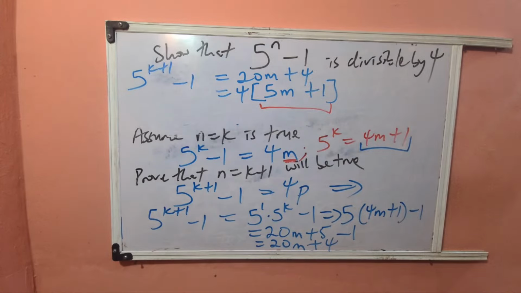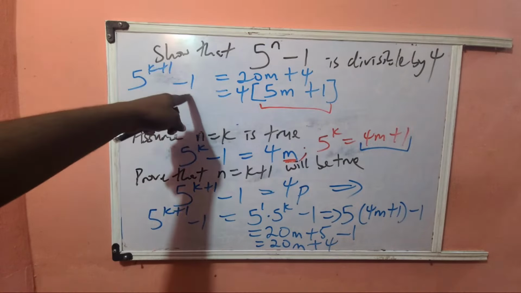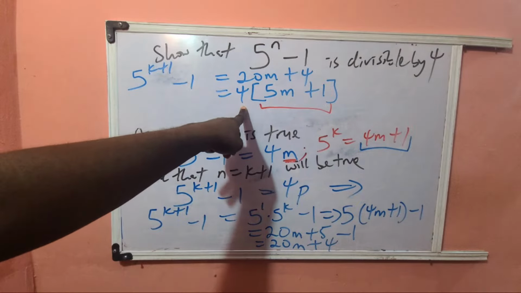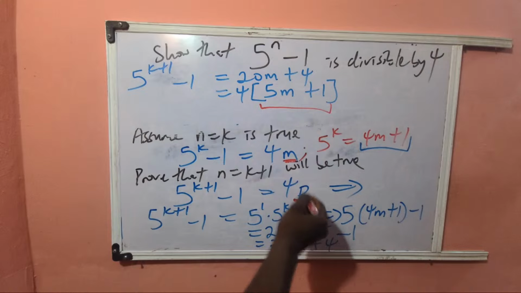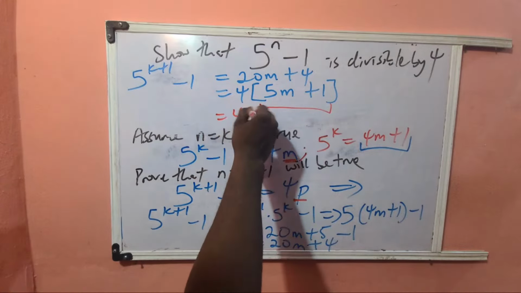So that means I've been able to prove that 5 raised to the power k plus 1 minus 1 is equal to 4 times a particular integer. We can call that integer p, as we did here. So it's equal to 4p.